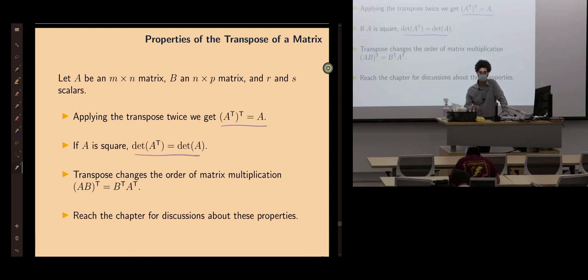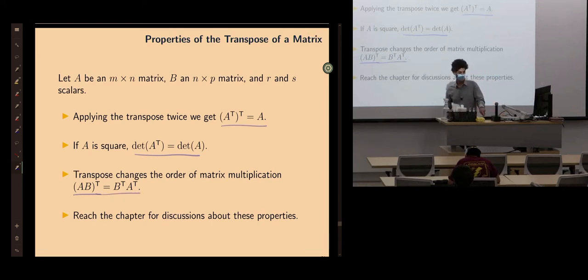Obviously this is for a square matrix. Changing rows into columns will not change the determinant of a matrix. Just like the inverse, if you apply the transpose to the product of two matrices, the order will be changed.